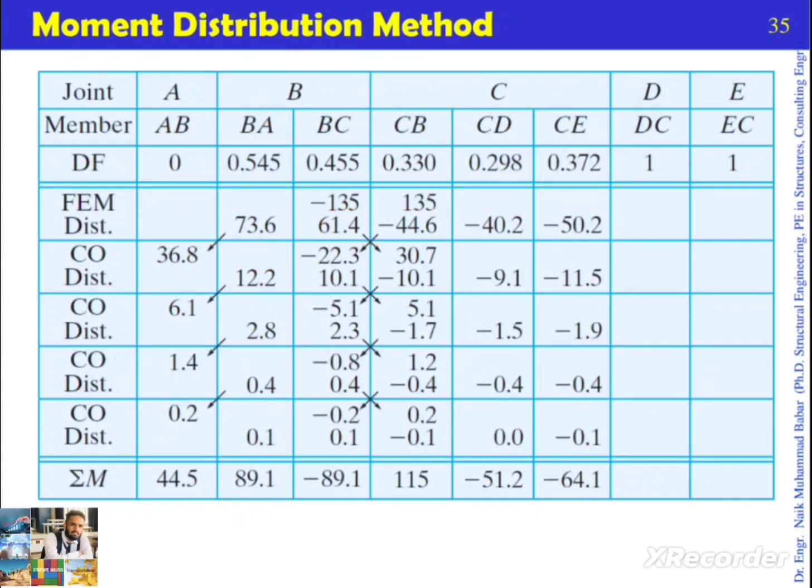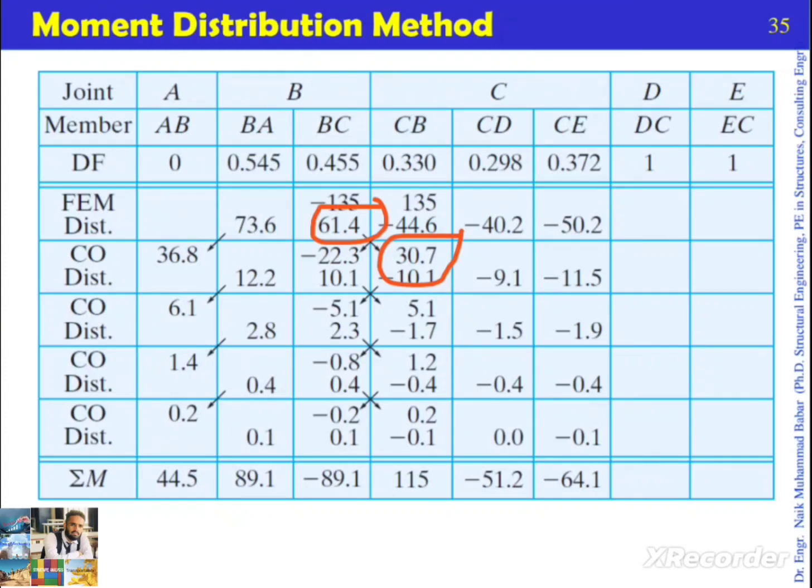Remember this. Here the distribution moment is 0, so half of 0 is also 0. Now at BC, some of the moment will transfer to CB. So 61.4 multiplied by 1 by 2, we get 30.7.